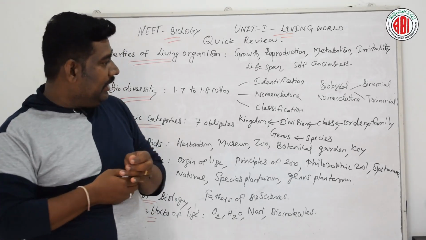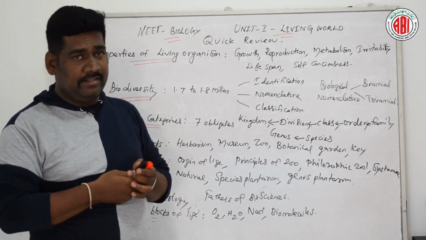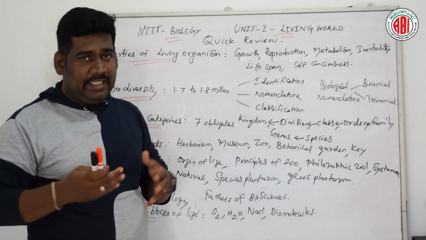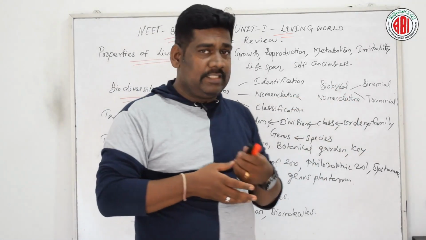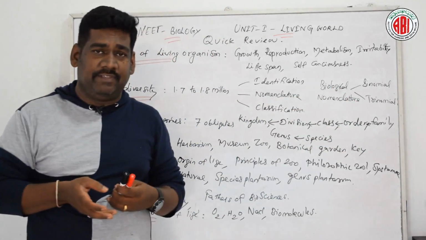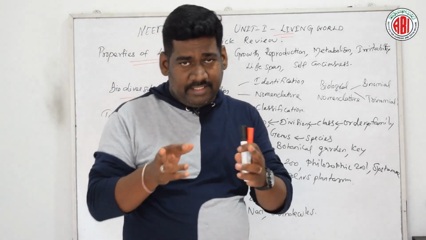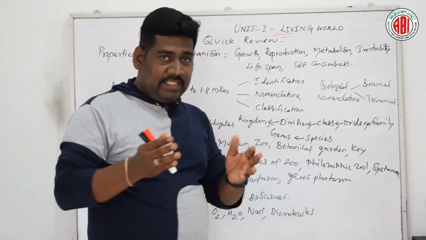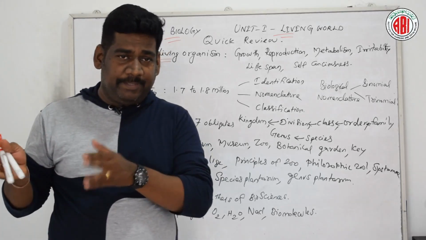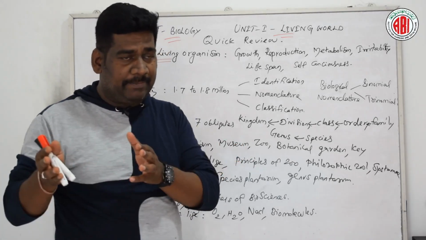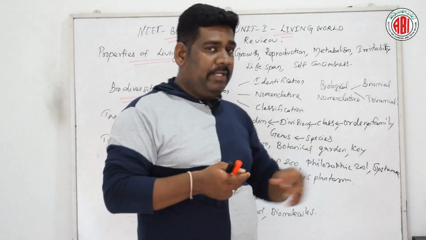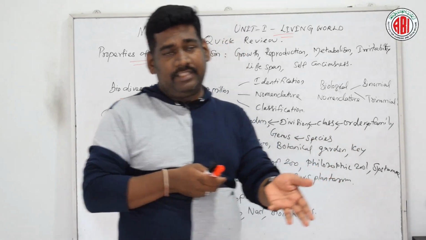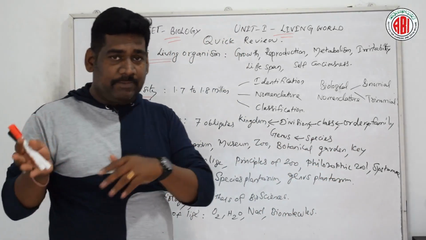Okay, and these biological nomenclatures, there are many categories we have discussed: binomial nomenclature, naming of an organism with two different terms, genus and species, or a specific epithet, and trinomial nomenclature, naming of an organism with genus, species and subspecies.